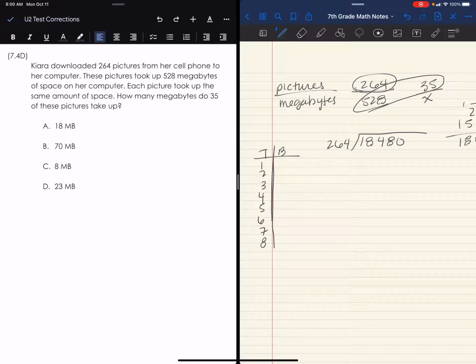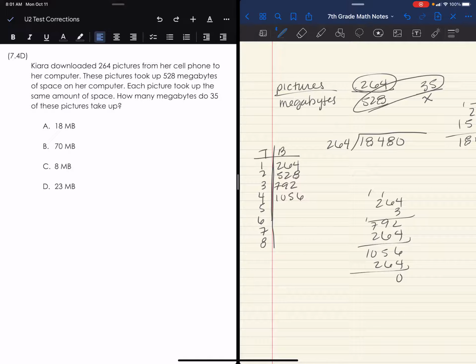All right, 264 times 1 is 264. 264 times 2 is 528. 264 times 3, I actually don't know, so let me work it out. 6 times 3 is 18, 19, 792, plus 264, plus 264, plus 264.